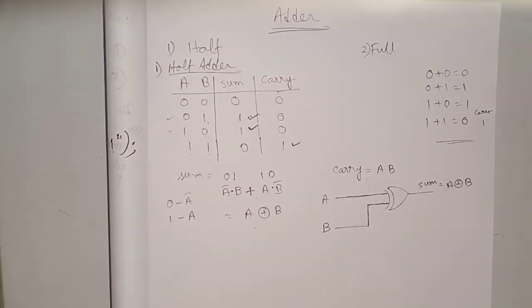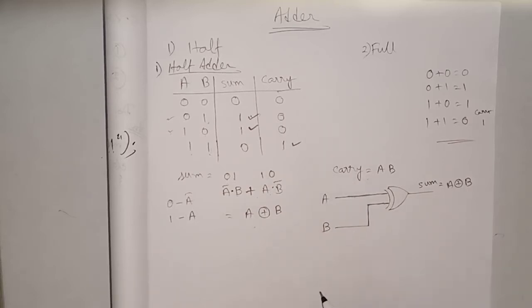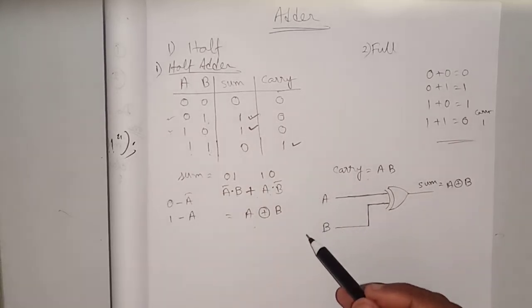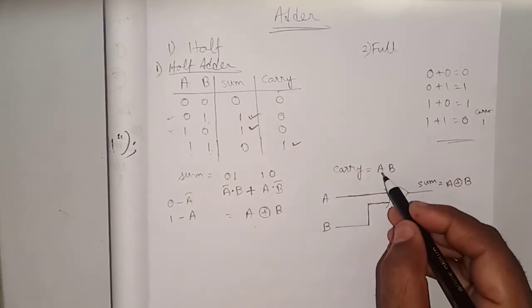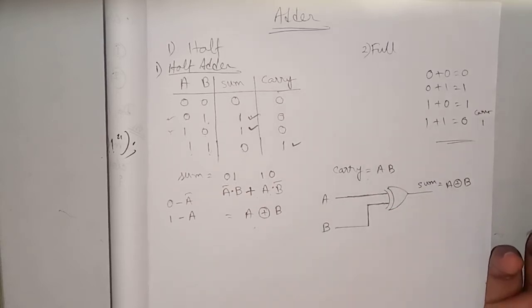Now we need to write the carry. For carry we are not creating any other inputs; we use the same A and B for writing carry also. We can write A B and B A, both are the same. 5 plus 6 and 6 plus 5 are both the same, similarly A B and B A are the same.